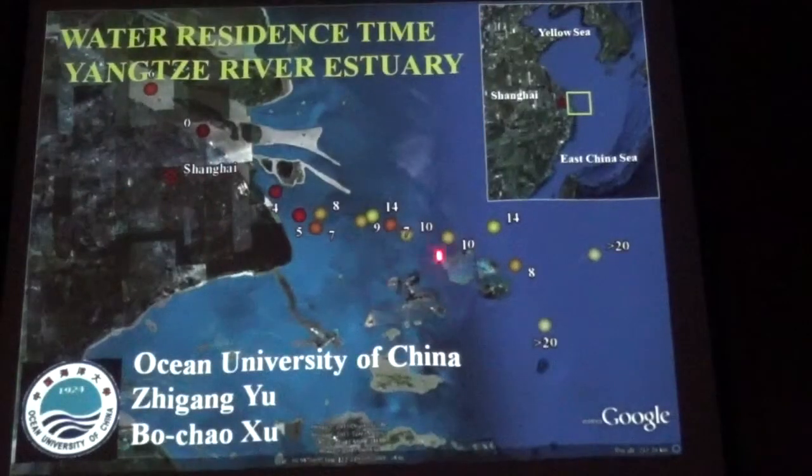And this is sampling points along the estuary. The numbers here are time, the time when the water left the mouth of the river. By looking at these numbers, you can follow the pathway, the current, and the mixing of these river masses.